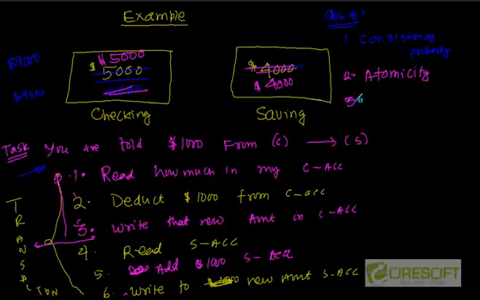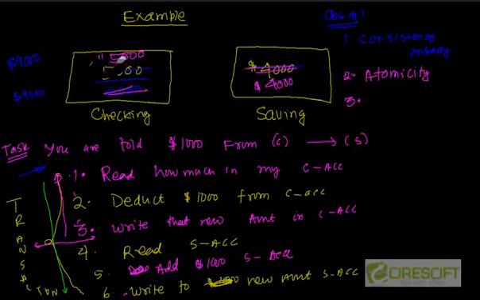Okay, the number 3 property: say for example you have done all the 6 steps that we have explained here. After you have completed all the 6 steps, you tell the person who gave you this task that your task is complete.